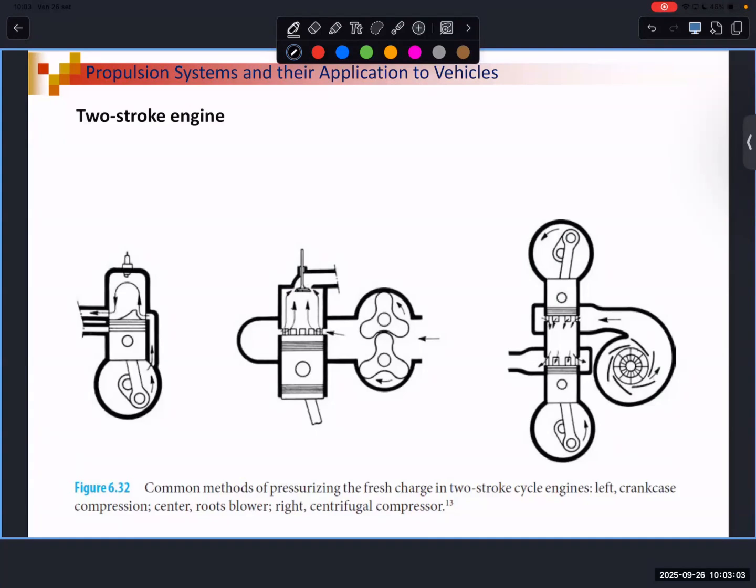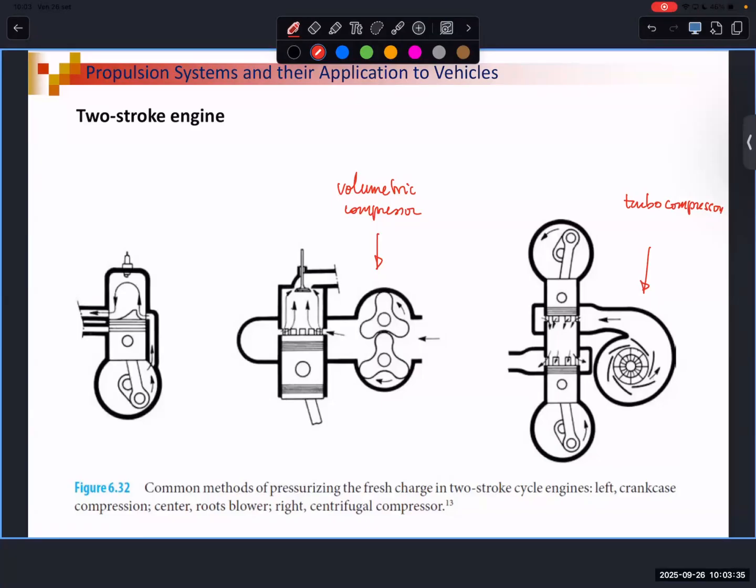So here the pressurization is done by the crankcase. Here you can have a pressurization that is done by a volumetric compressor. Or you can have a turbo compressor. So we need a device to increase the pressure. Here we use the crankcase. Here we use an external device.